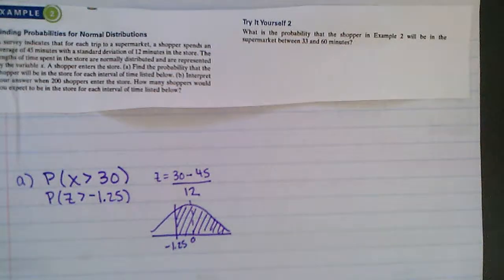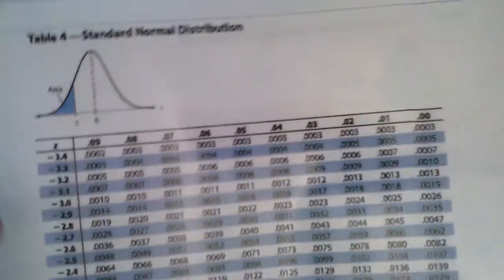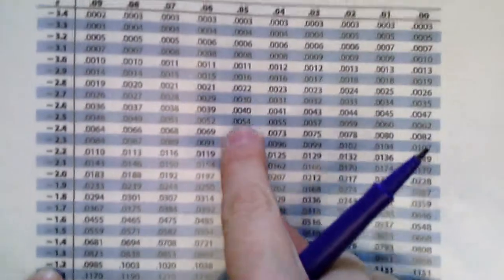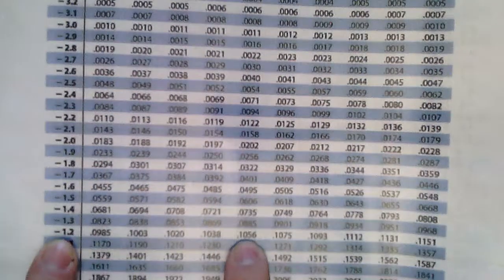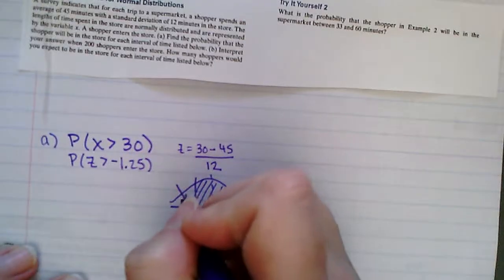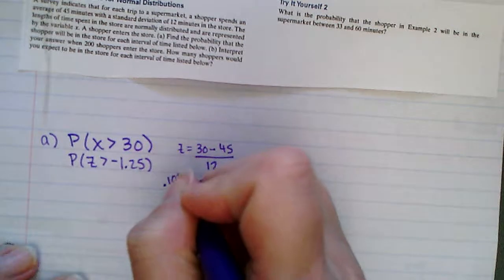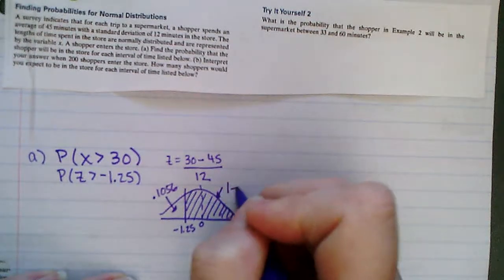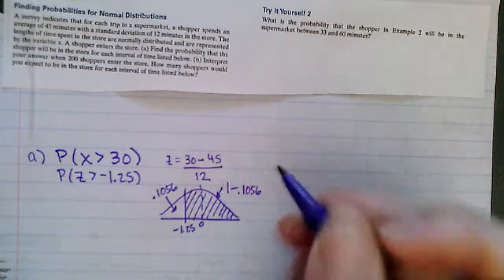If I look up negative 1.25, negative 1.2, and then down from 0.5, that is 0.1056. But remember that that 0.1056 is over here, which means that my shaded area is 1 minus 0.1056.